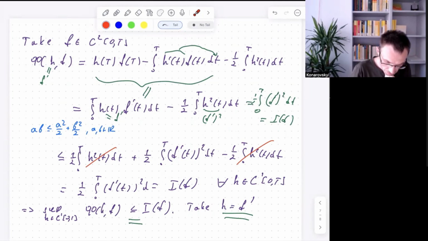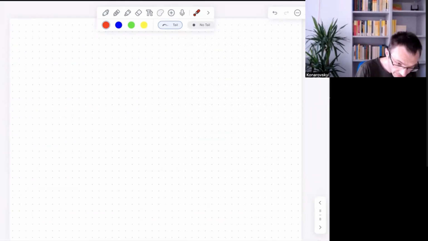You can think whether it would be possible to approximate the functions by twice continuously differentiable functions, but you should be careful, because you need to approximate not only the function itself, but also its derivative, since the rate function has a derivative. And when you do the approximation, you also want I of f to converge. So I think it is not so easy to realize that idea. But anyway, thank you for the question.